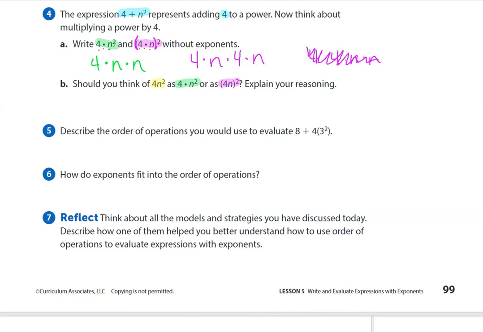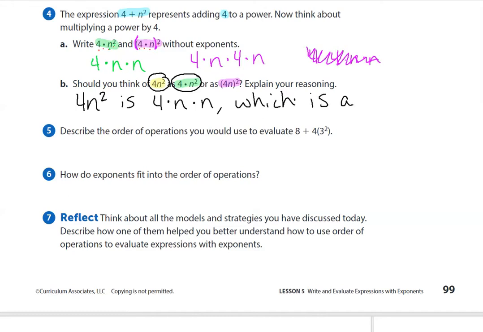Well, this is the same thing as this. 4n squared is 4 times n times n, which is also 4 times n times n. There we go. So that's the first way.